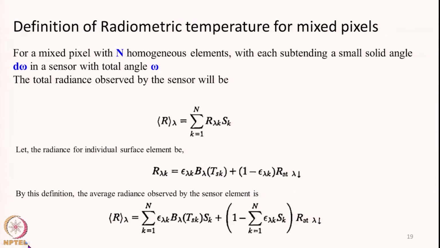Just 2 slides before I explained to you the concept of ensemble directional radiometric temperature. Now, if a pixel or a GIFOV of a satellite sensor has more than one object present within it, we call it a mixed pixel, that is, that particular pixel is having more than one feature.